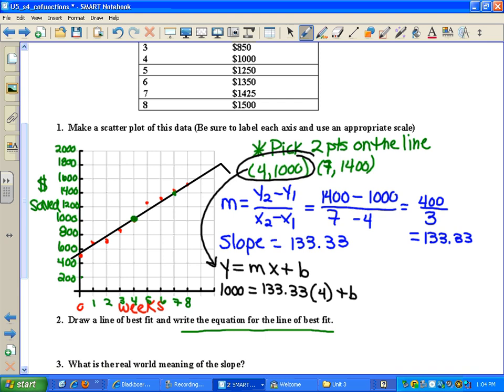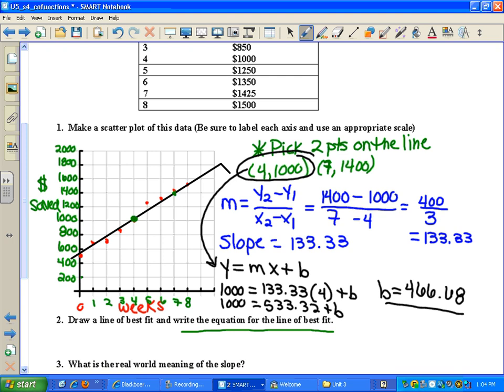And so I have 1000 equals 533.32 plus b. To get b by itself, I'm going to take 1000 and subtract 533.32. And when I do, I get b equals 466.68.